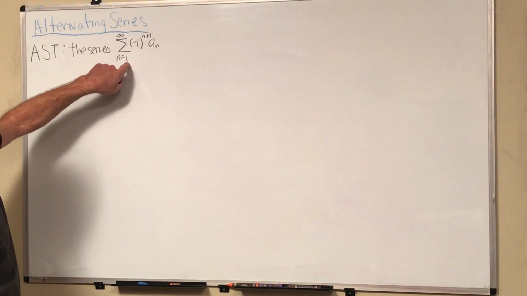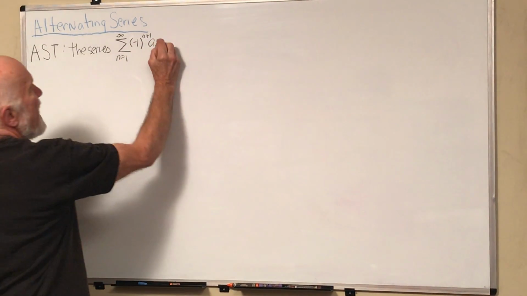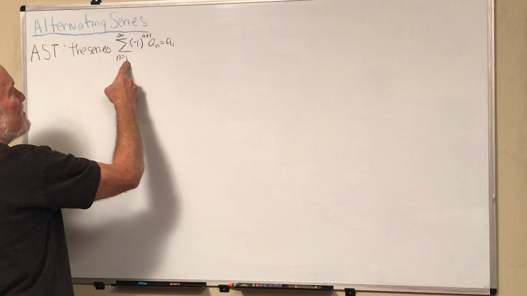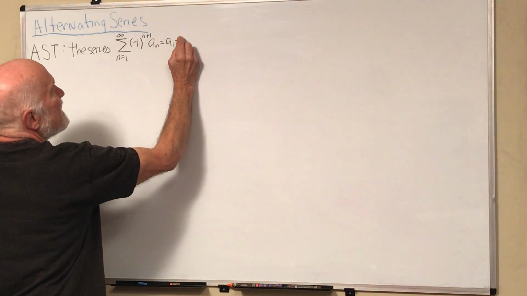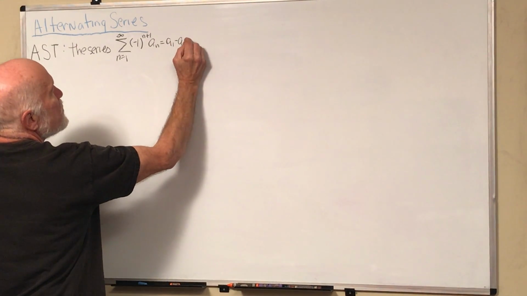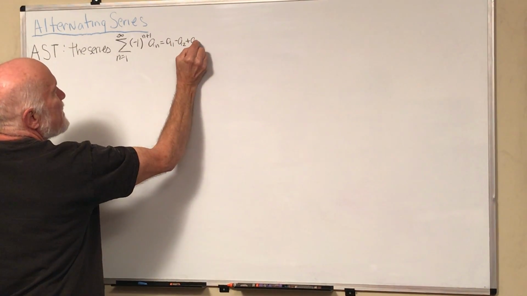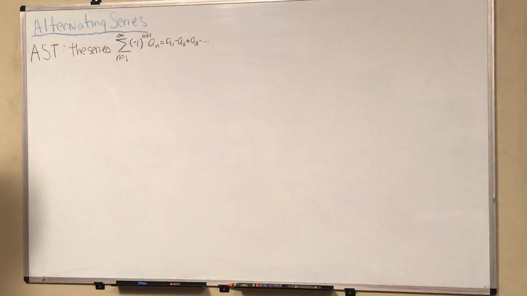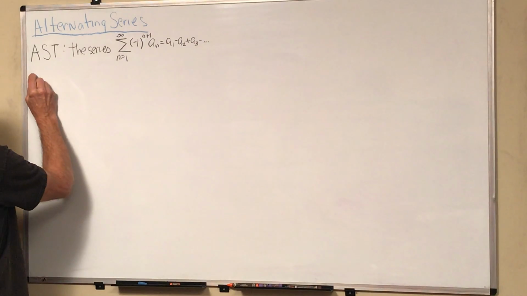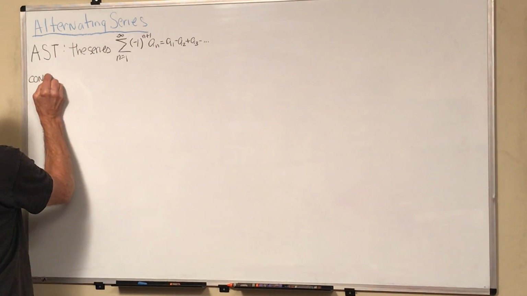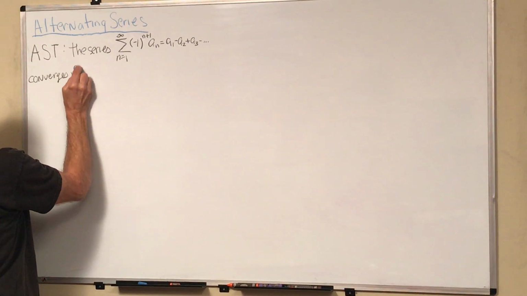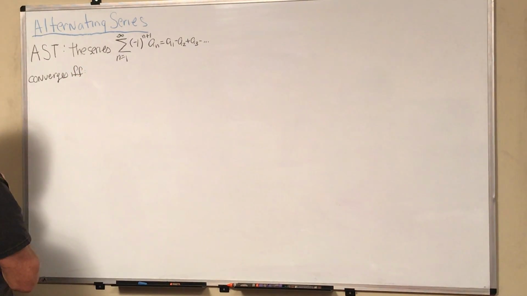So when n is 1, you're starting out with a positive a1, and then when n is 2, you get a negative a2, positive a3, and then it keeps going. So that's what it looks like, and we can say it converges if and only if, and then you give the reasons.